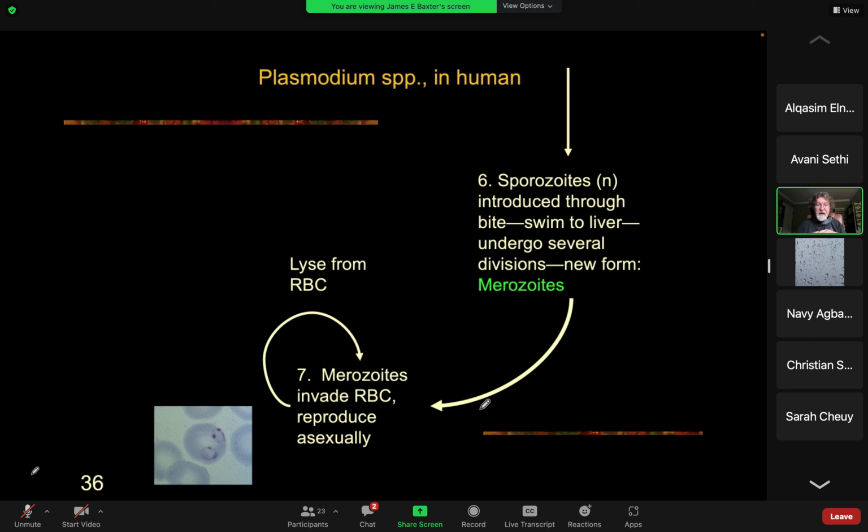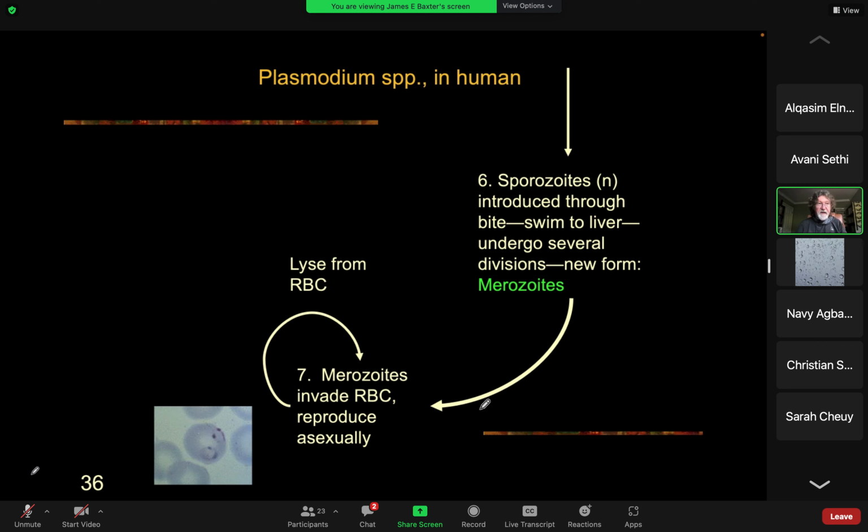Usually these cycles are 24-hour or 36-hour cycles, depending on the species of Plasmodium, but they all lyse out at the same time. And it's during that time that the individual will suffer symptoms. They get a fever and chills, because of all this red blood cell debris around that the body's immune system is reacting to.